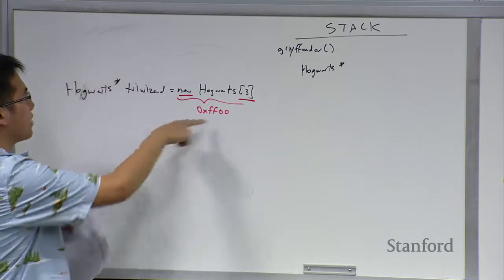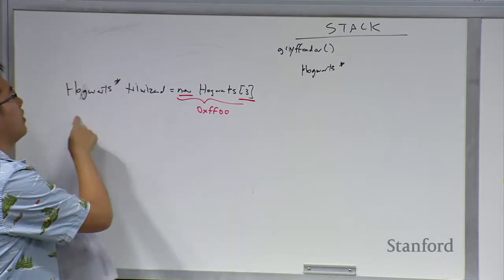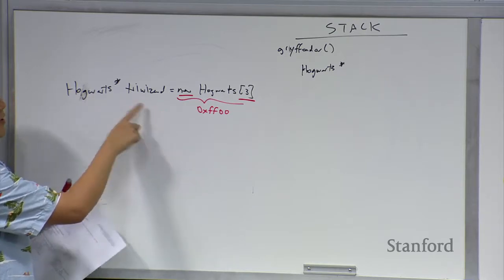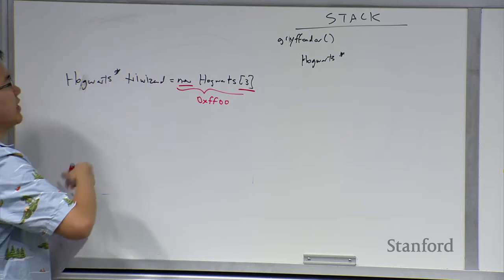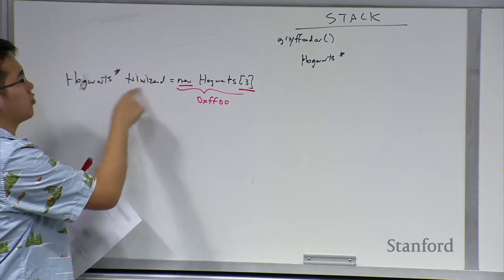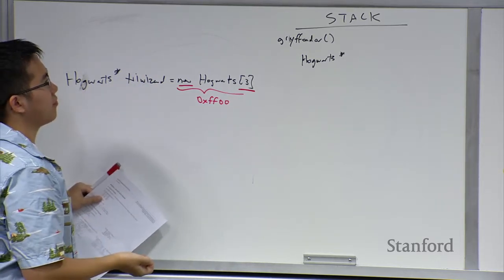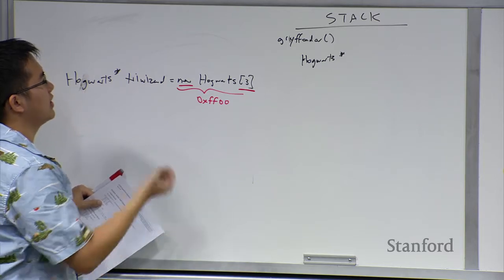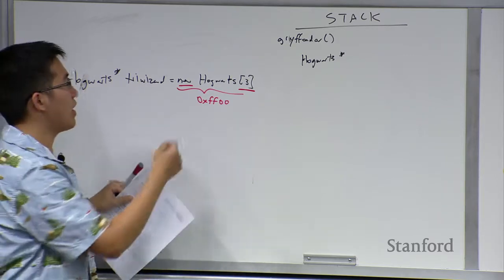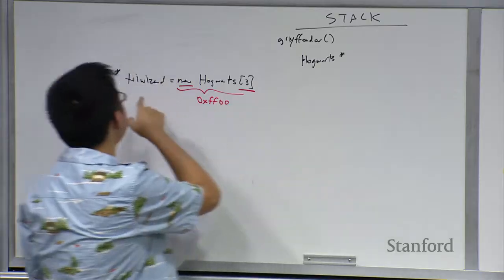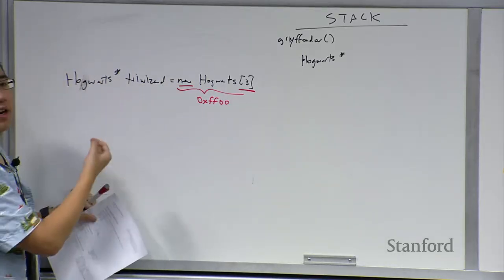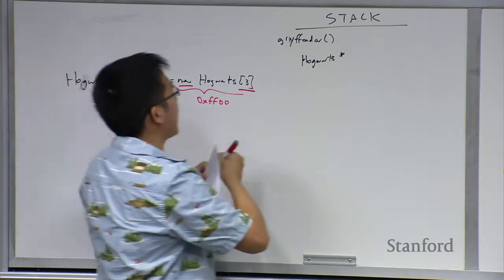Now, after we're done with this line, we can look at this part over here. This is declaring a pointer. This is declaring a pointer on the stack because notice that this variable try wizard is not created using new. This part is creating the array, but this pointer is not created on the heap. So this is created on the stack.